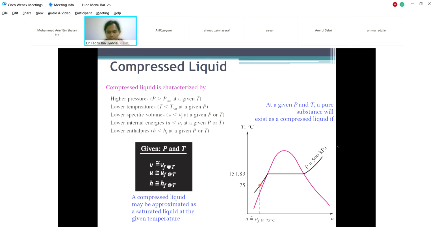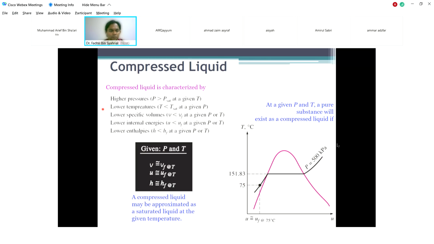For example, if you draw a vertical line from this point, this is the temperature. Say the temperature now is 75. The saturation temperature T sat at 500 kilopascal is 151.83.